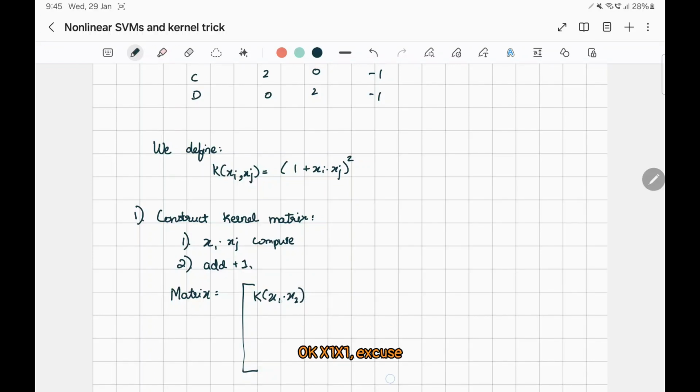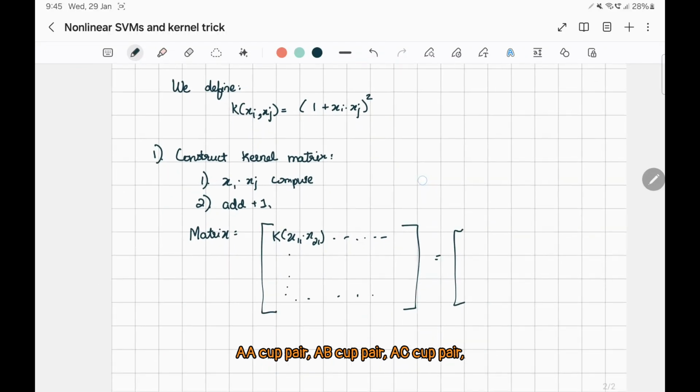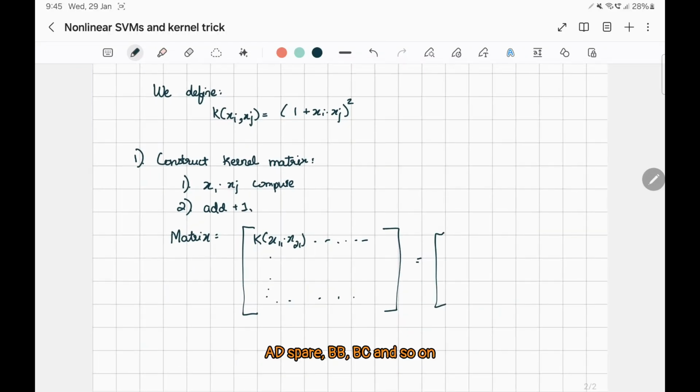So this is what I want you to compute and see if your answer comes to the following. The pair A A, pair A B, pair A C, pair A D, B B, B C, and so on and so forth.